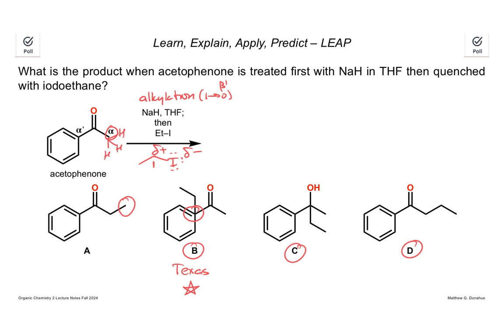So let me draw some stuff on that, and then I'll go back and draw the intermediate. So here's your alpha carbon. This is the bond we just made. And that beta carbon, or if we want to say just beta prime, that's coming from the electrophile. So the sodium hydride forms this.